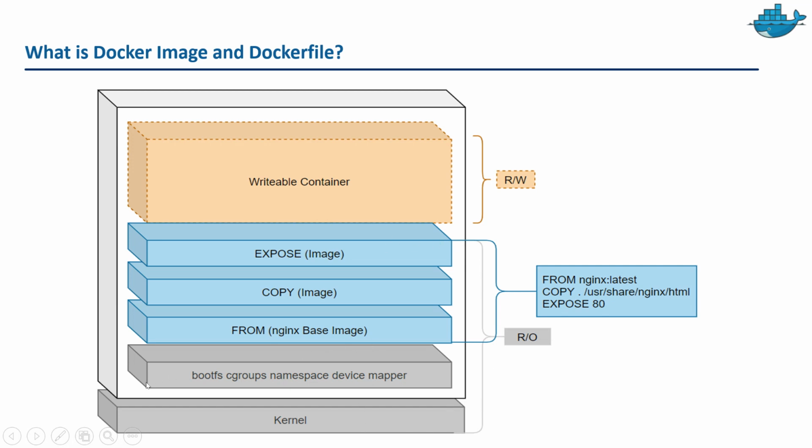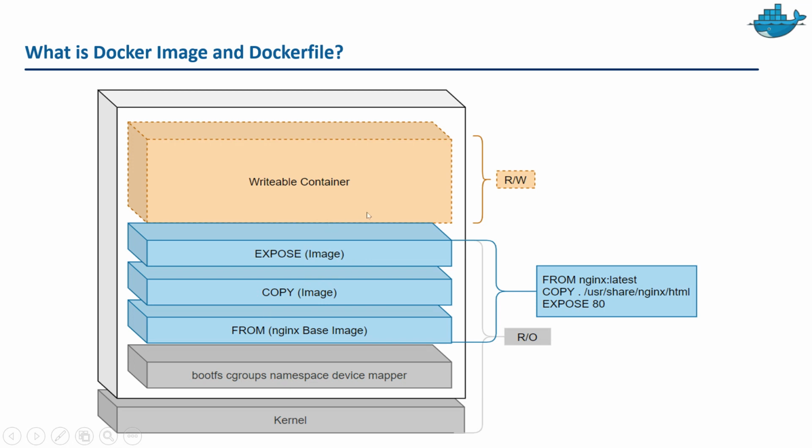Kernel and bootfs are the base, and on top of that our Dockerfile starts. FROM nginx, the base image, is one read only layer, then COPY is another layer, and then EXPOSE is another layer.